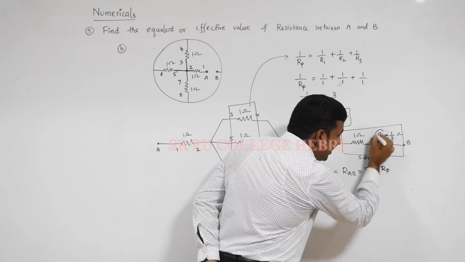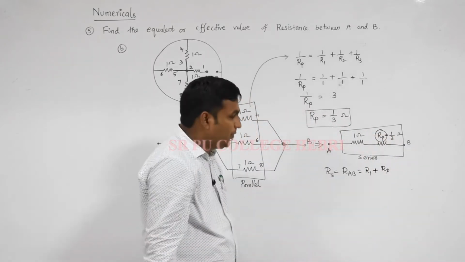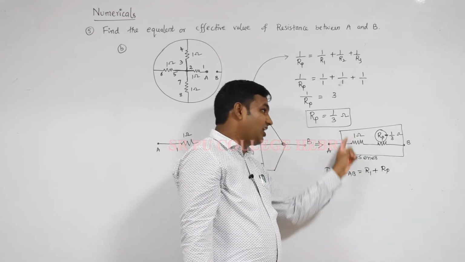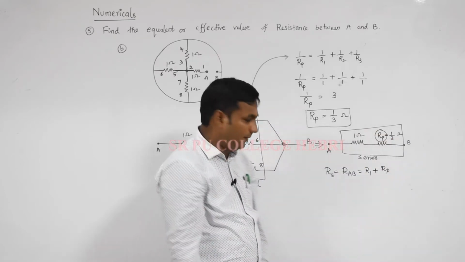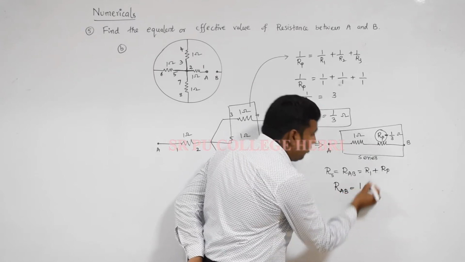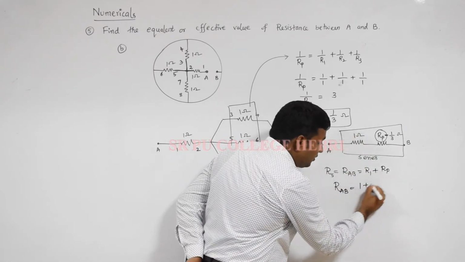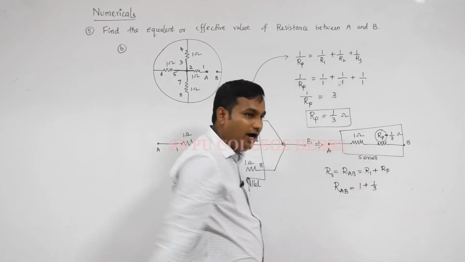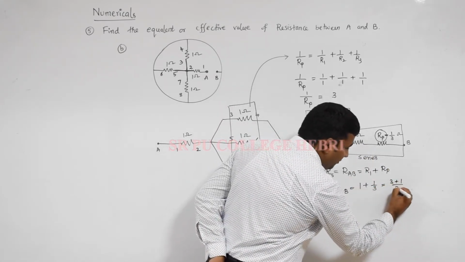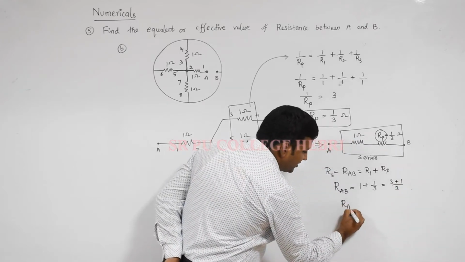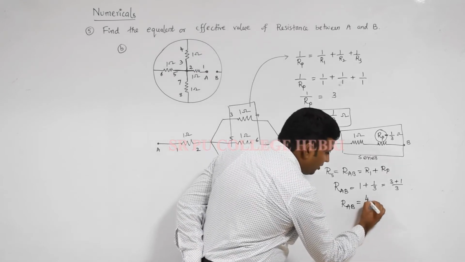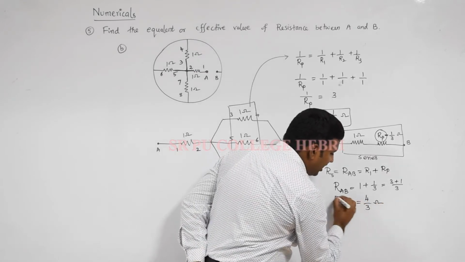In general, R1 plus R2 plus R3 and so on up to Rn. Here the first resistor is R1 and the second resistor is Rp. Then Rab becomes 1 ohm, the value of R1, plus 1 by 3, the value of Rp. After simplification, it becomes 3 plus 1 divided by 3. Therefore, the resistance between terminals A and B is 4 divided by 3 ohm.